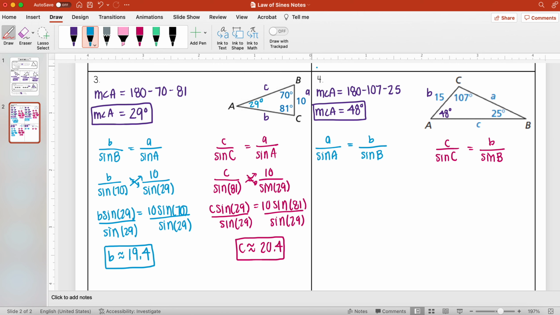So I'm going to go ahead and solve this first one. I have A over sine of angle A, which we just found to be 48, is equal to B, which is 15, over sine of B, which is 25. Cross multiply, I have A times sine of 25 is equal to 15 times sine of 48.